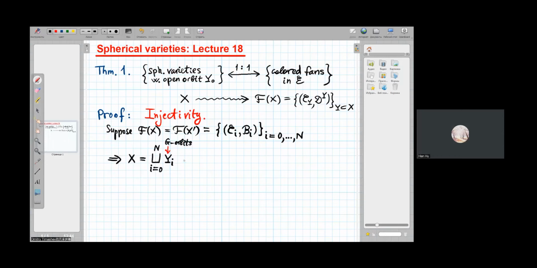And equally, we can decompose X as a union, no longer disjoint, of course, of simple open subvarieties Xi over the same set of indices, where Xi is a simple open subvariety corresponding to the orbit Y sub I. So Xi is the union of all orbits containing this one Y sub I in the closure.